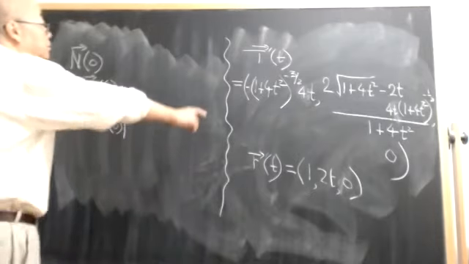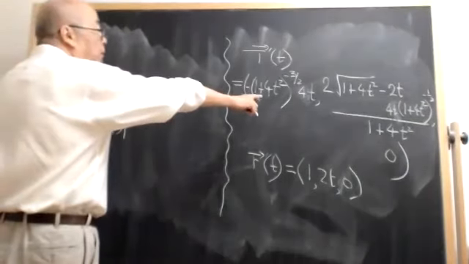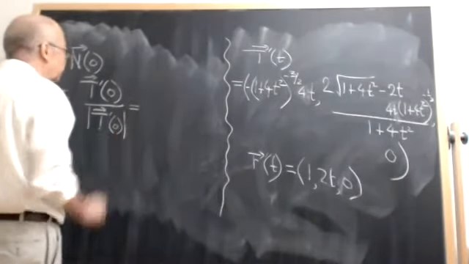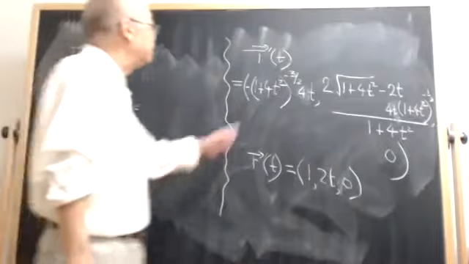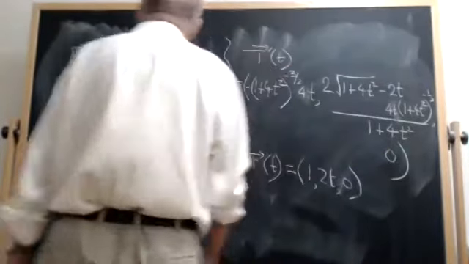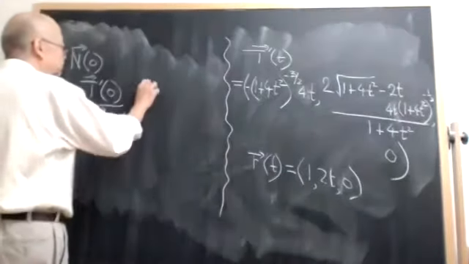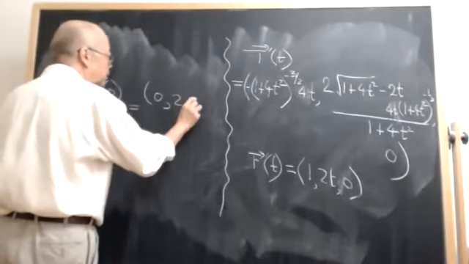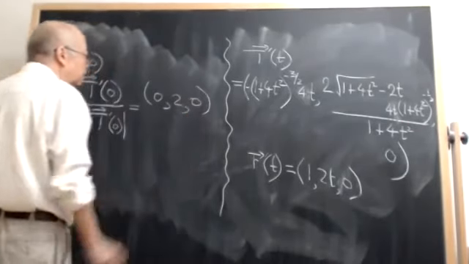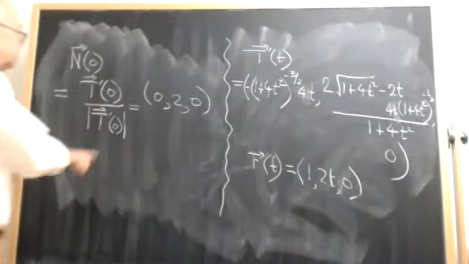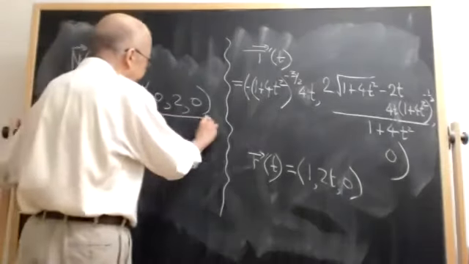Okay, so T prime at 0 is 0, 2, 0, over its length, its magnitude. Its magnitude is 2.